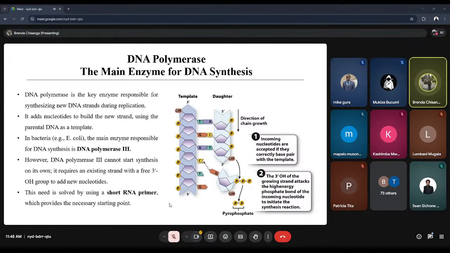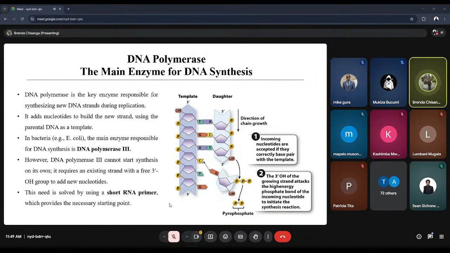So let's start with the enzyme. This process is enzyme dependent. It requires an enzyme for it to take place. And the enzyme that synthesizes DNA is referred to as DNA polymerase. Polymerase is like synthesizing something, polymerizing something. Okay? So, DNA polymerase, this is the enzyme for DNA synthesis.